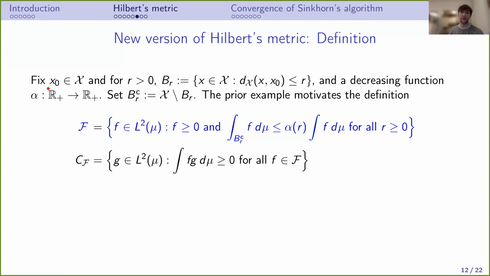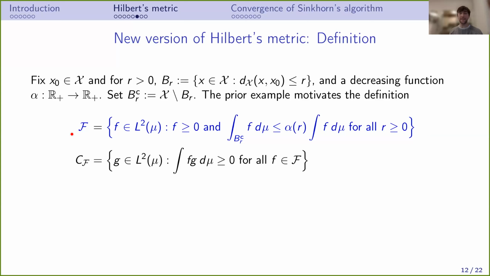We fix in our Polish space some x0, which we use as the origin, so to say. Then instead of these intervals from 0 to r, we work with balls around this origin x0 of radius r. We work with some decreasing function alpha, and the complement of these balls is denoted by B_r^c.